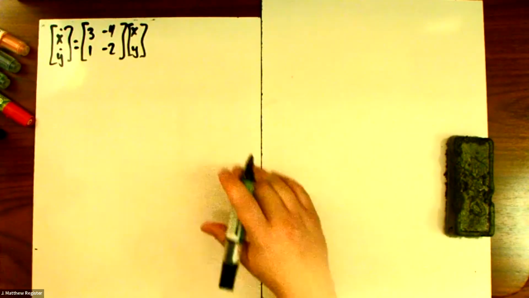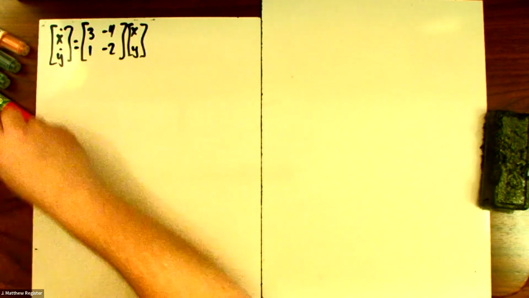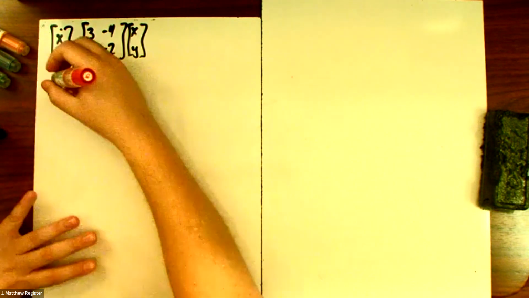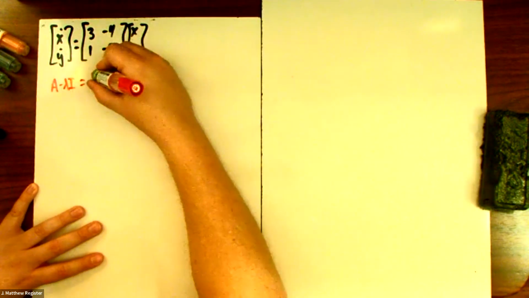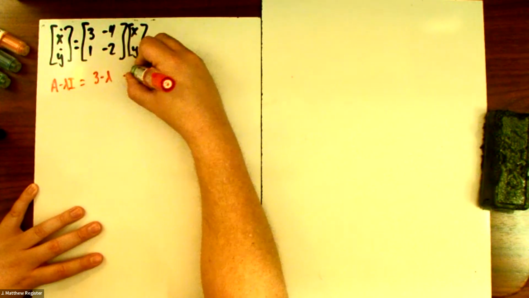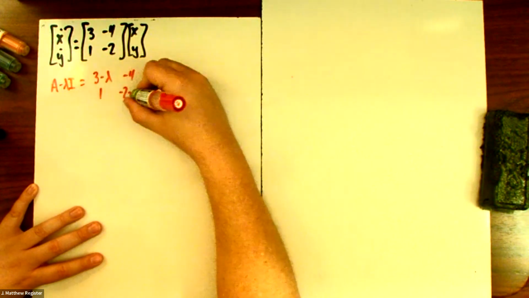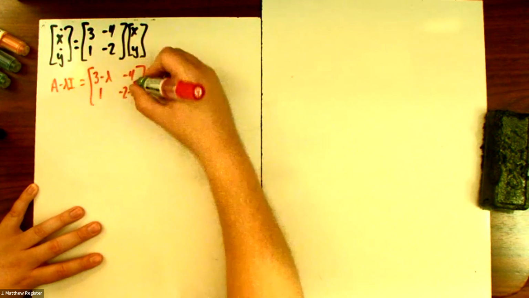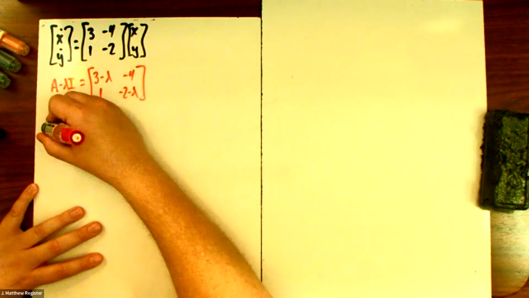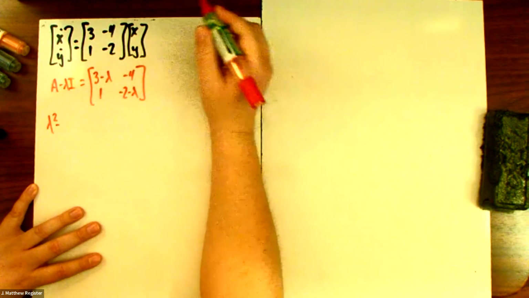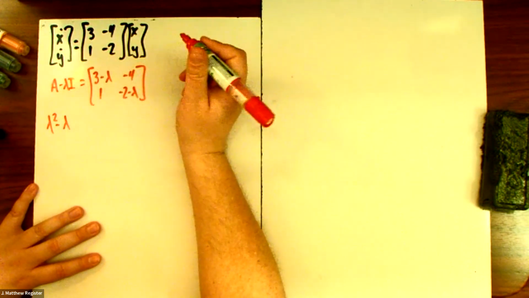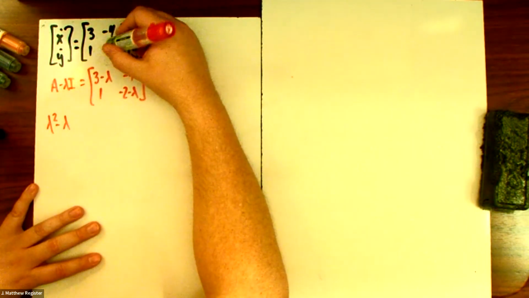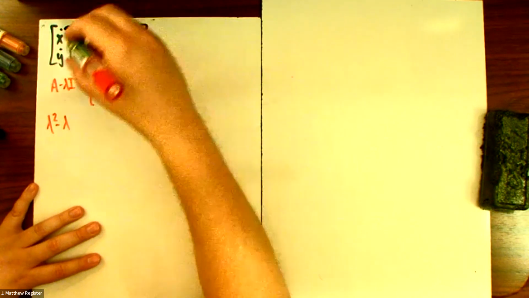All right. And so for this one, solving it is going to be the exact same process that we've already done. And so we can create our A minus lambda I matrix to make things easier for us later. It'll be 3 minus lambda, -4, 1, and -2 minus lambda. We can then use the characteristic equation, which is lambda squared minus the trace, which would be -1 lambda, plus the determinant, which is -6 plus 4, is -2.